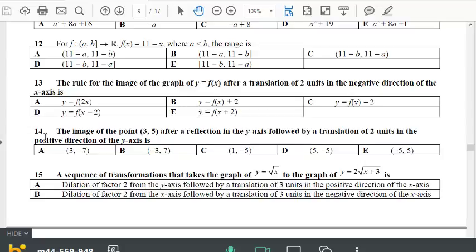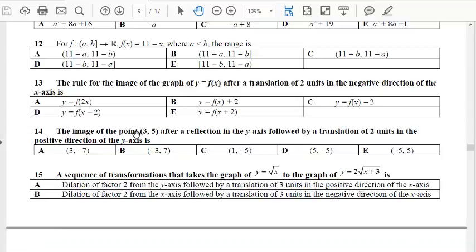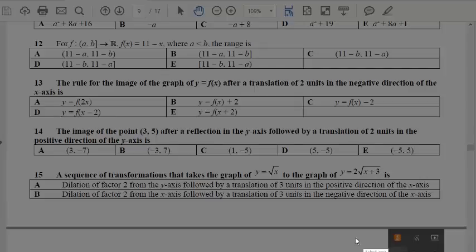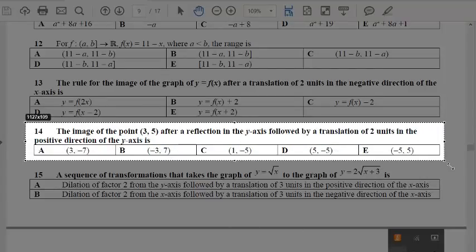14. The image of the point 3, 5 after reflection in the y-axis followed by translation of 2 units in the positive direction of y-axis is. So you have 3, 5. Let's just draw this. So it's not about any function, it's just about a point. Okay?